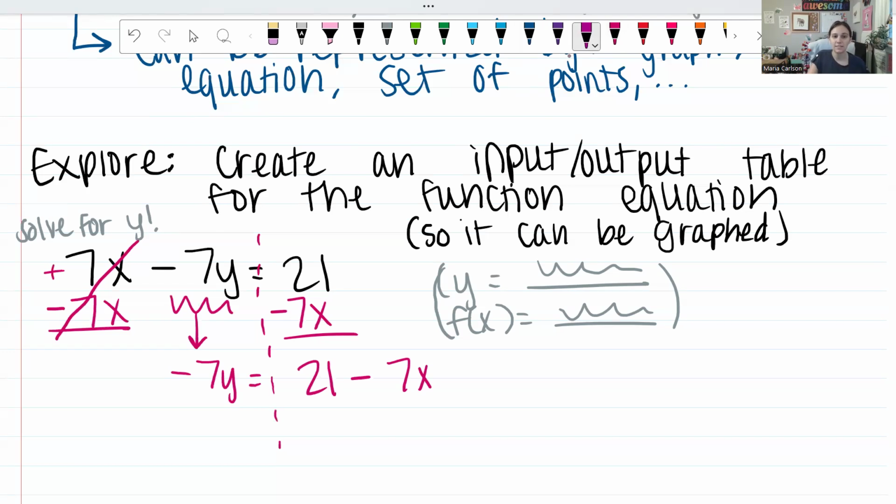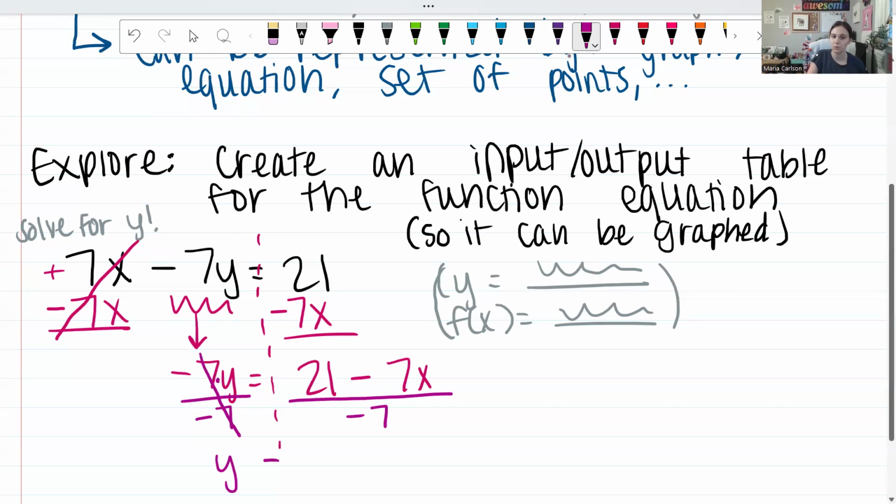And now to get y all by itself, this is negative 7 times y, so I'm going to undo the multiplication by dividing both sides by negative 7. So I divide the left by negative 7, and the entire right side gets divided by negative 7. Essentially, I'm going to distribute this division. So the negative 7 divided by negative 7 on the left cancels.